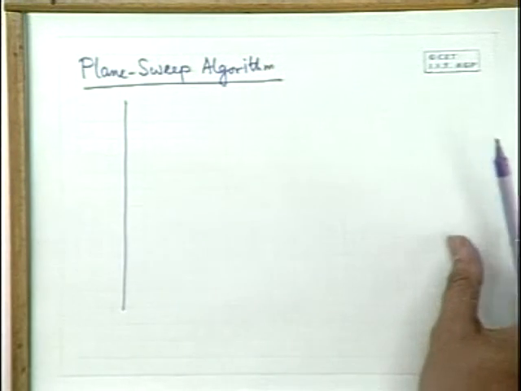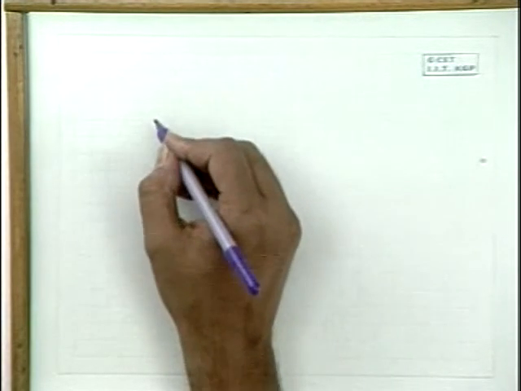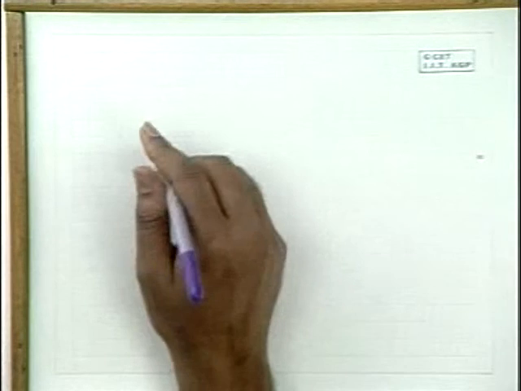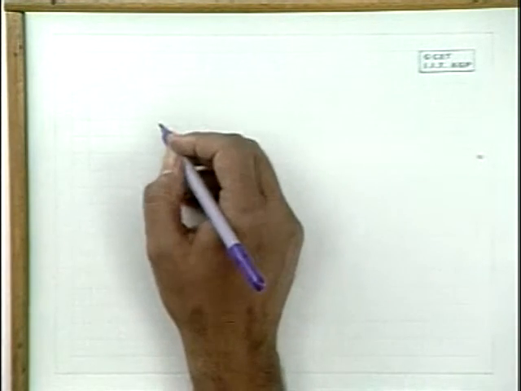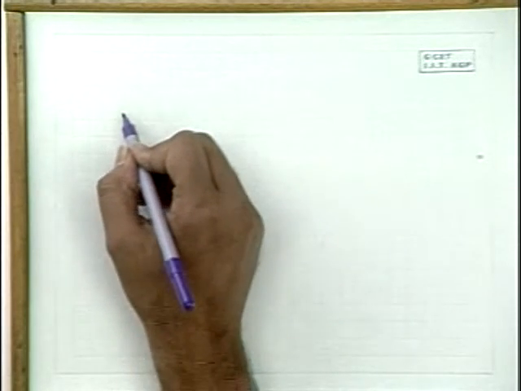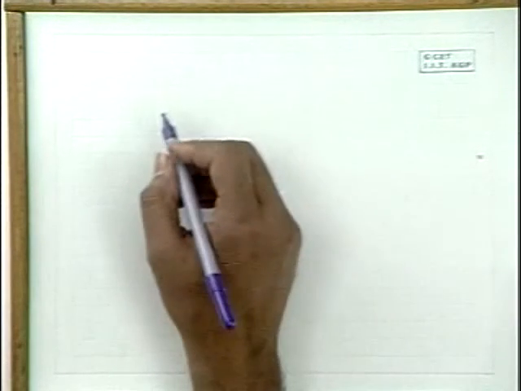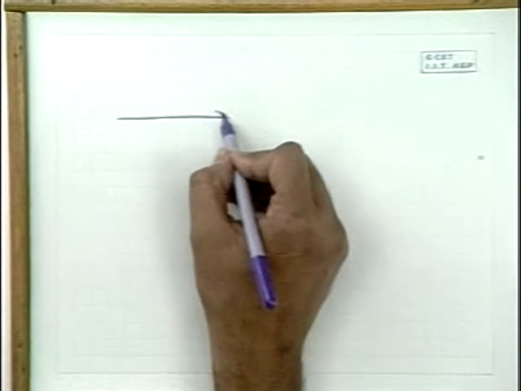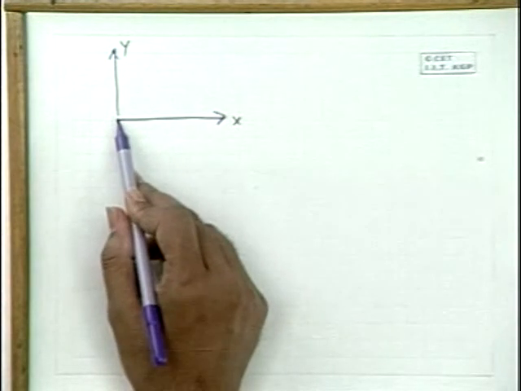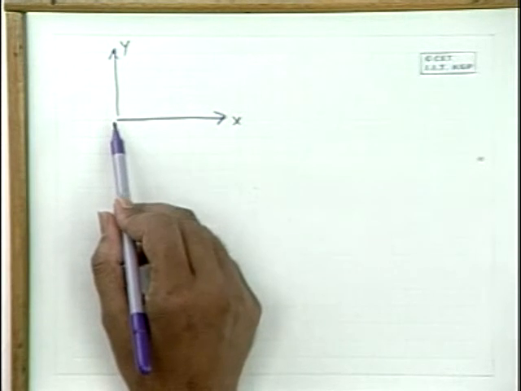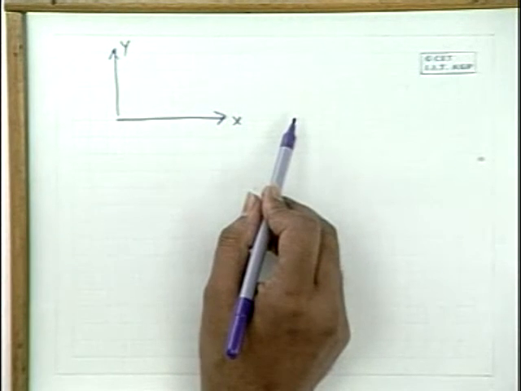Now let me tell you how the algorithm proceeds. Again, as I told you, we will be moving from left to right. So first, we sort all the points from left to right. Suppose our x coordinate is this direction and y is this direction; we will sort all the points with respect to increasing x coordinates.